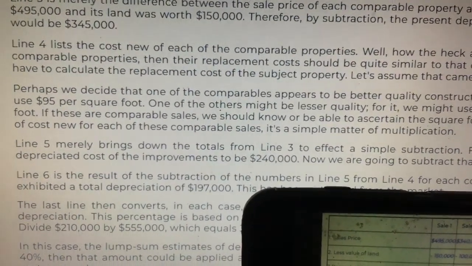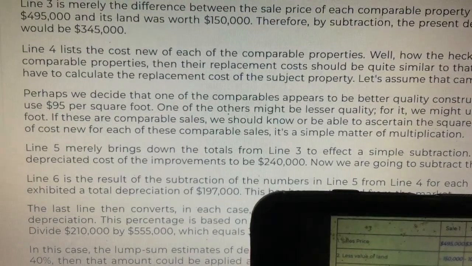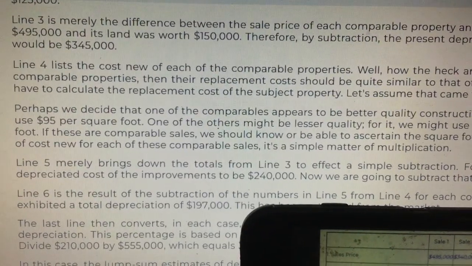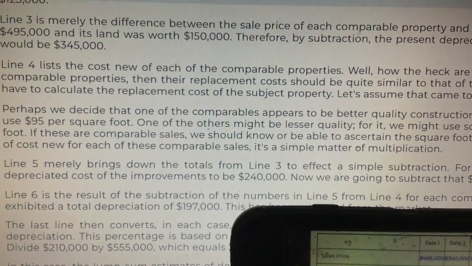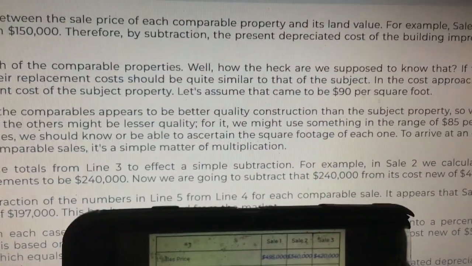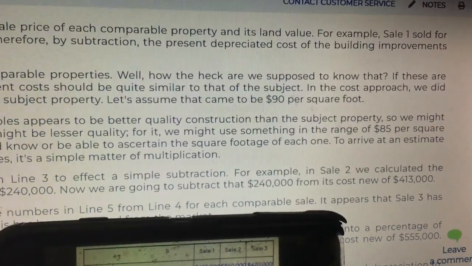Line 4 lists the cost new of each of the comparable properties. Well, how are we supposed to know that?